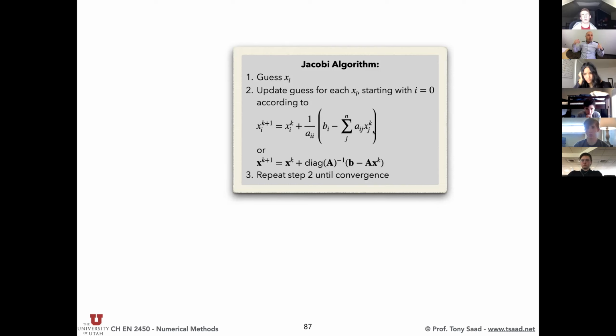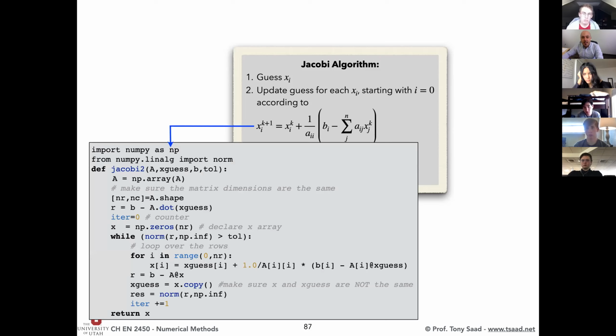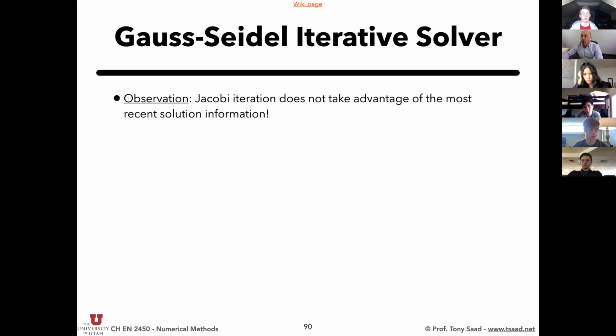So why are we using the old stuff? Why don't we use the most recent values? Turns out that when you do this, you can generally cut your number of iterations by half. So instead of doing 40 iterations to converge to a tolerance, you can do it in 20 iterations. And that's called the Gauss-Seidel iterative solver.